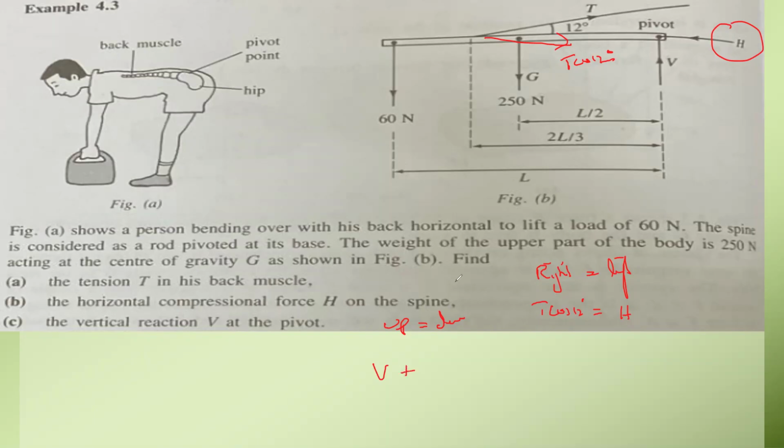There's also another upward force. One is V, another one is T sine 12, because T sine 12 is acting upward and V is also acting upward. That will be equal to the downward force, 60 plus 250. And then we'll solve for V. Is it clear how we work out H and V? Any doubt in this?